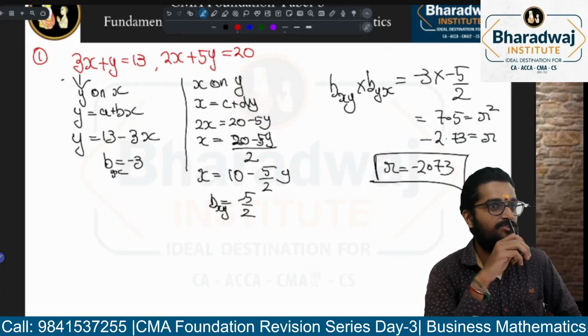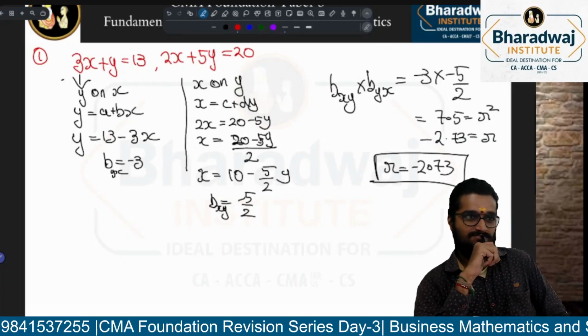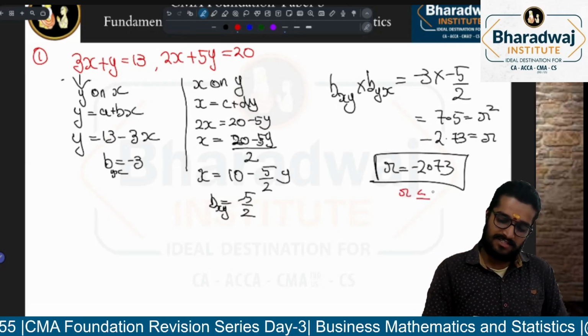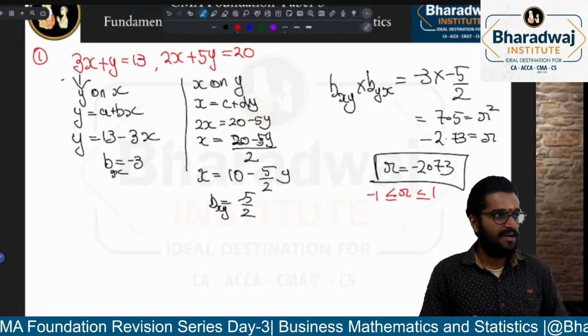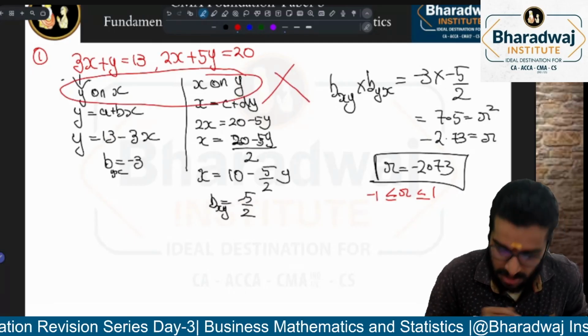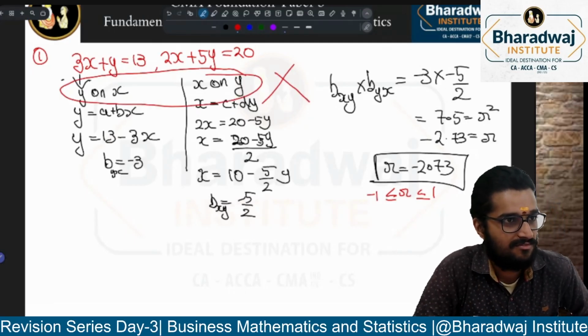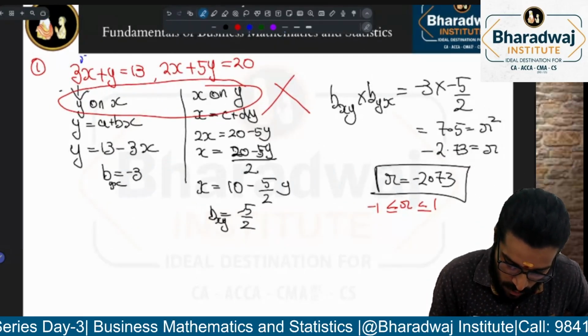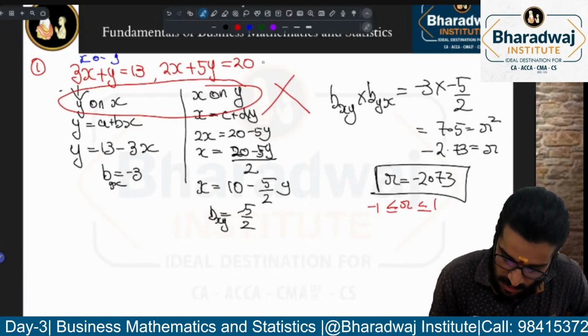Is my correlation coefficient correct? Correlation coefficient should always lie in between plus or minus 1. So my initial assumption itself is wrong. We have to change the assumption. So this is x on y, this is y on x.